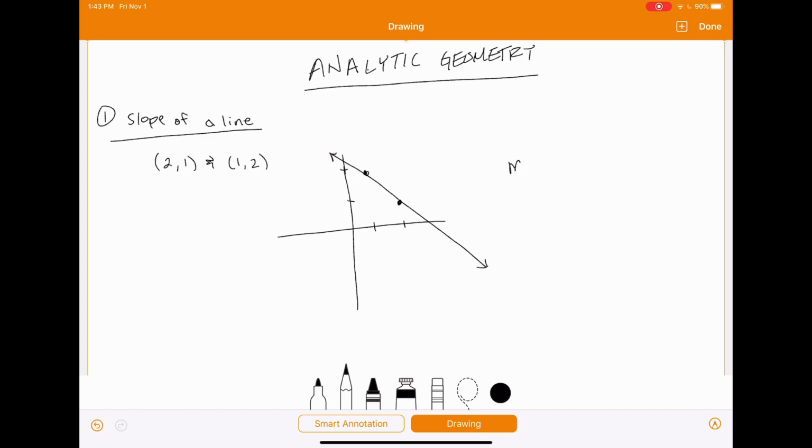It's the rise over the run, or it is the change in y over the change in x, which can also be written as y2 minus y1 all over x2 minus x1, where these x's and y's are your points. So this would be x1 and y1, and then x2 and y2.